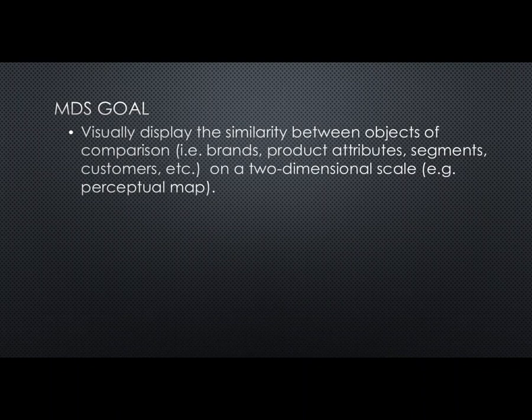So whatever those objects of comparison are, they could be anything from competitive brands or maybe attributes of your product, and you want to see which ones are most important, or maybe segments within a market and which segments might be more similar to each other, and thus maybe you can combine them together versus seeing segments that are further apart, and maybe you need to have different offerings for each one of those segments.